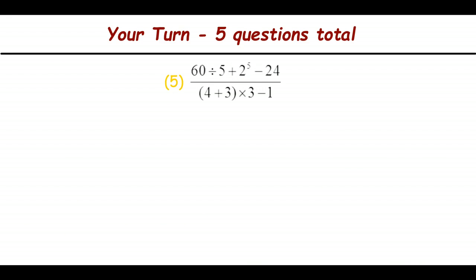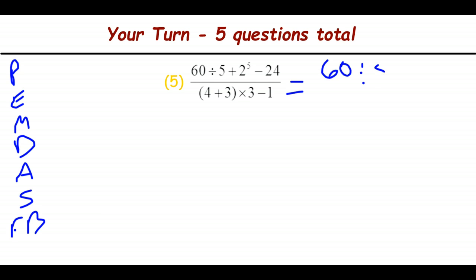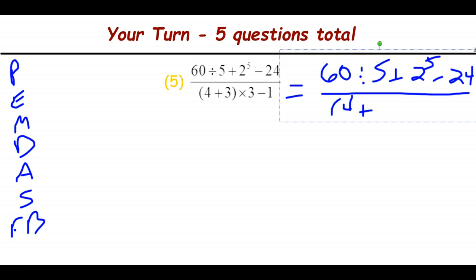And finally, number 5, we'll write PEMDAS FBA over here on the left-hand side so that we can remember. And so here we go. Parentheses first. That gives us 60 divided by 5 plus 2 to the 5th minus 24, all over 4 plus 3 times 3 minus 1.